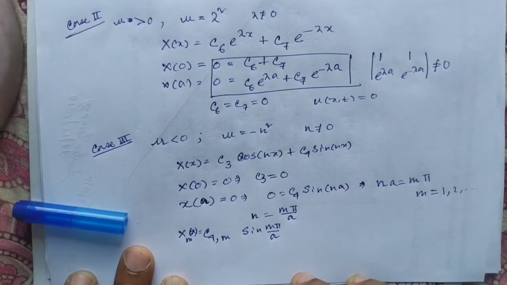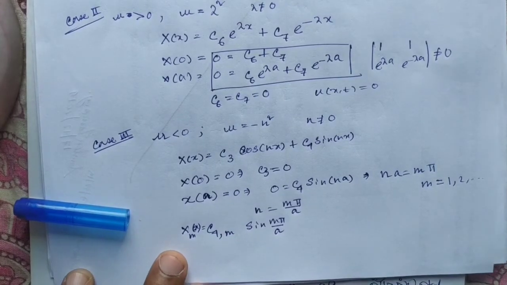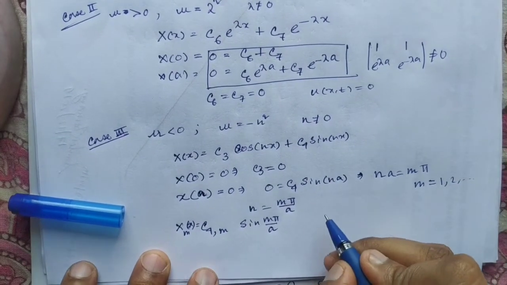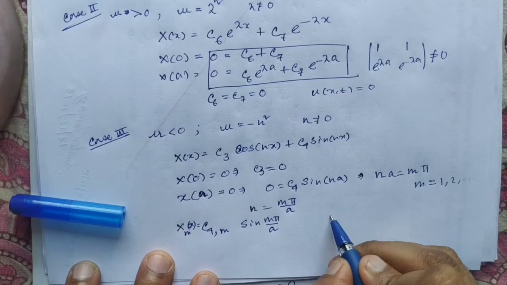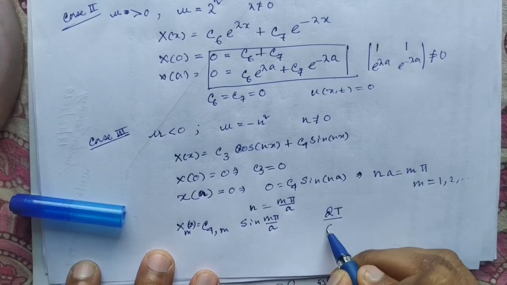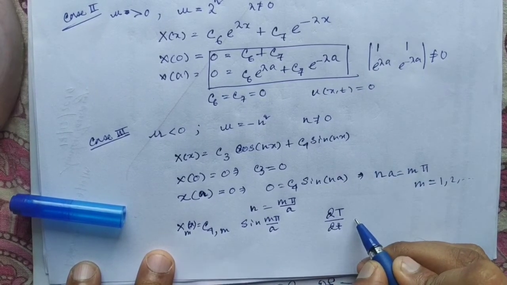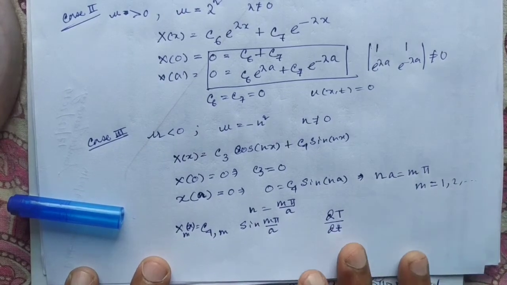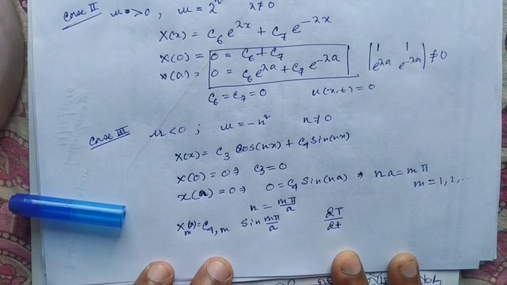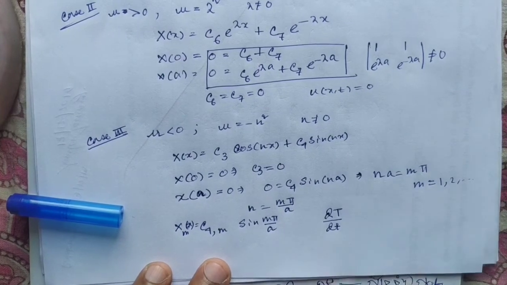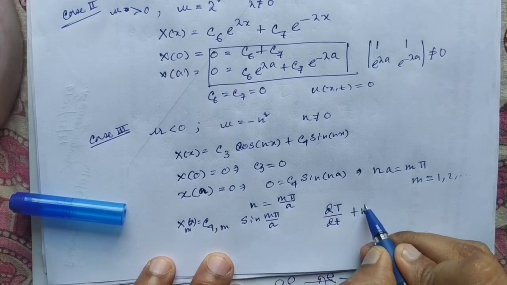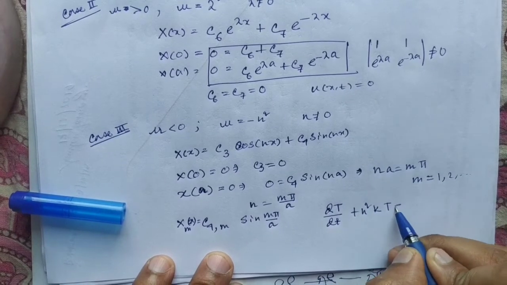Next, we're going to the next solution, for the equation dT/dt, and we have assumed that this was minus mu kT, and mu is equal to minus n square, so this is n square kT equal to 0.